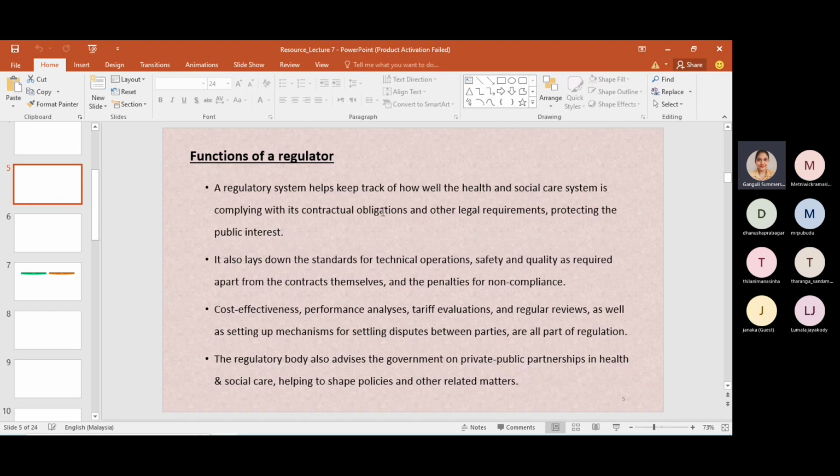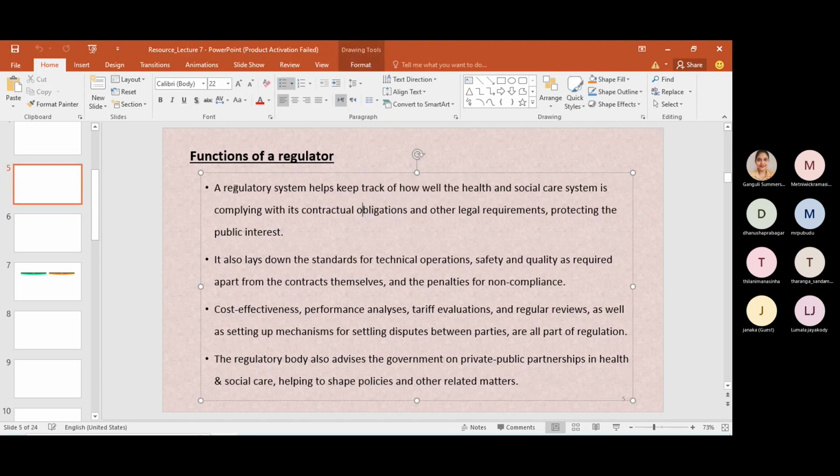Okay, so a regulator is basically a person or a set of people who keeps track of how well the health and social care system is complying with the requirements or the standards. These regulators check whether the health and social care workplaces or companies or organizations comply with the legal requirements and standards or not.